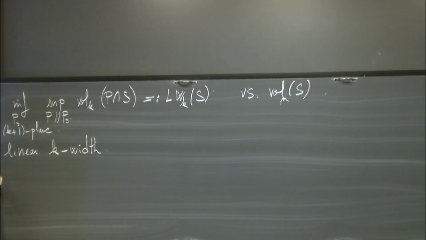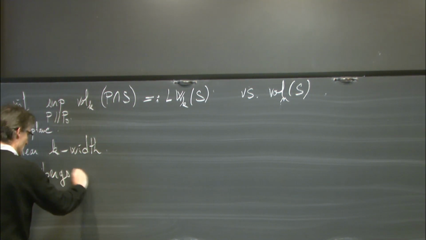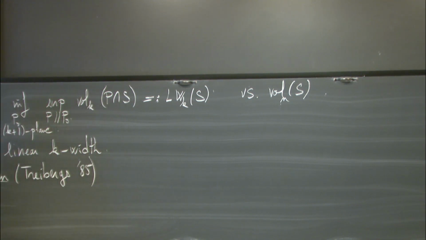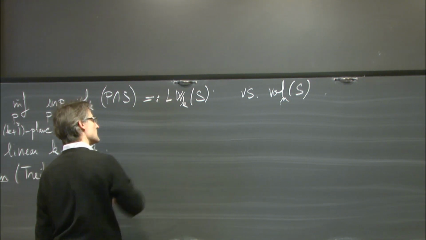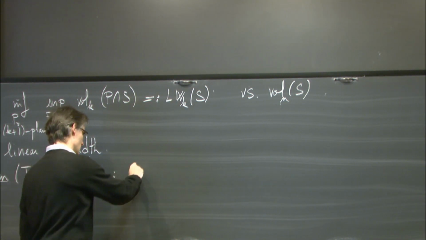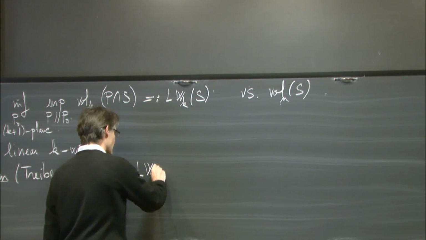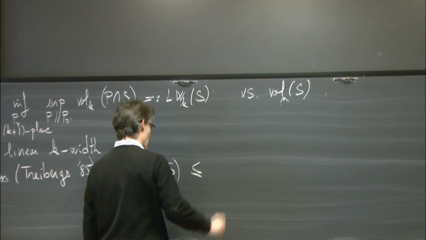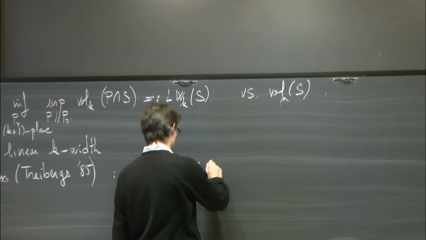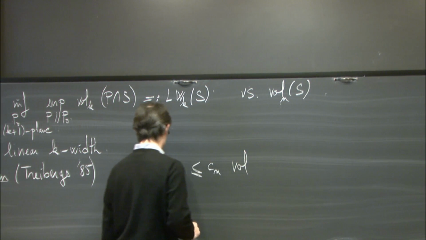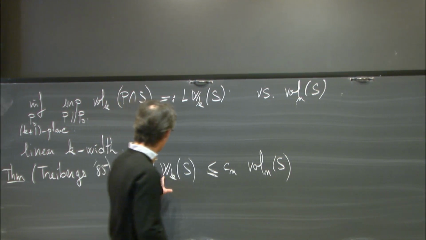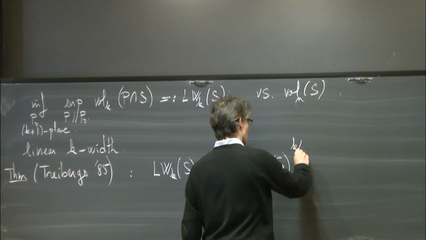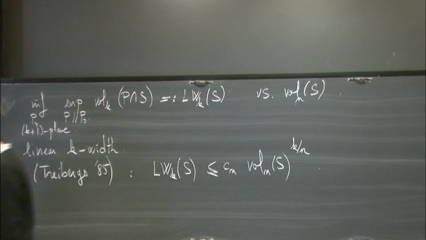We have this result by Treibergs, I think in '85, that says the linear width is bounded from above in terms of the volume of S. And here you have to put the right power, so that's k over n, to have the right power.